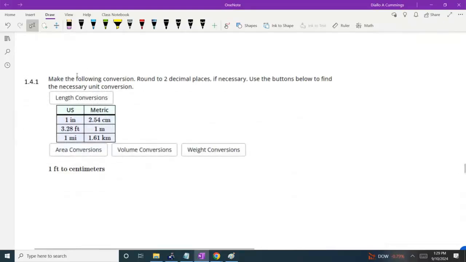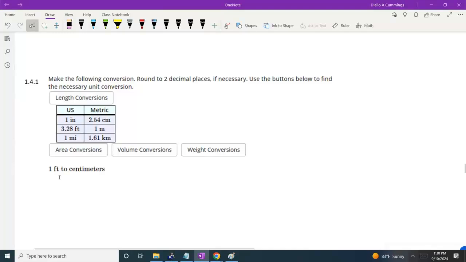So number 1, it says make the following conversions rounded to decimal places, and use the buttons below to find the necessary conversion units. Here we're asked to convert 1 foot to centimeters. Foot and centimeter are both lengths, so I'm using the length conversion table.